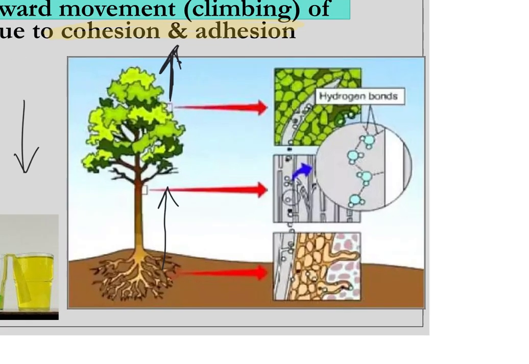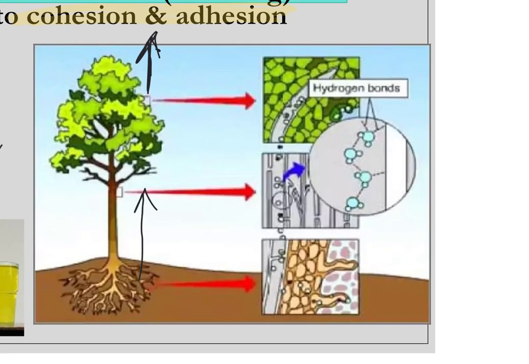The tree has special little tubes inside of it, straws, if you will, called xylem and phloem, and they use the property of water forming adhesion or cohesion between two waters. Here we have adhesion, and the water simply breaks and forms the bonds between cohesion and adhesion all the way up to the very top of the tree.